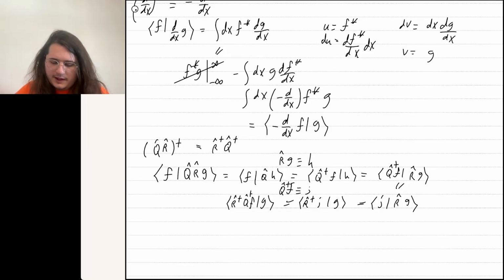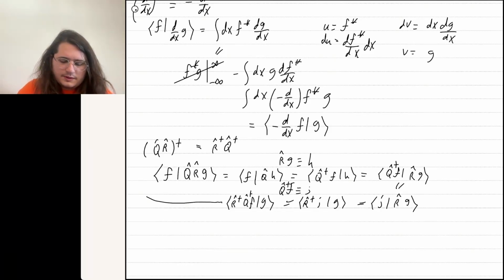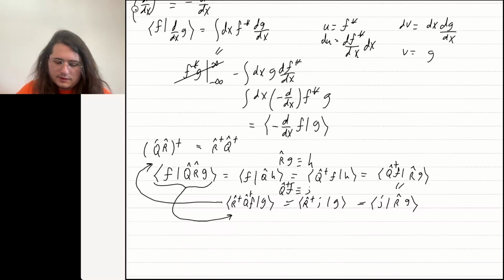So yeah, that just proves this, that if we took this inner product and Hermitian conjugated the whole thing, we would get this. So it shows that this is true.